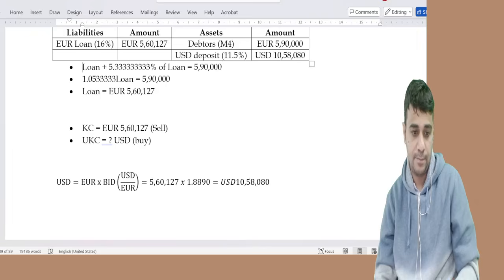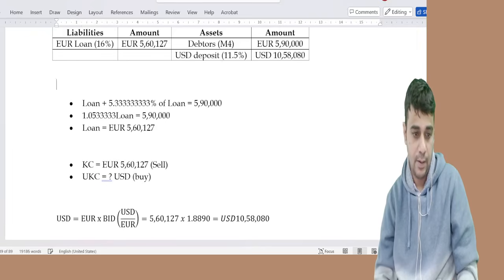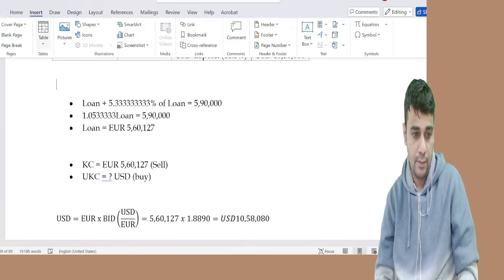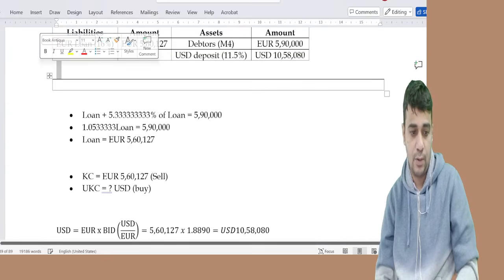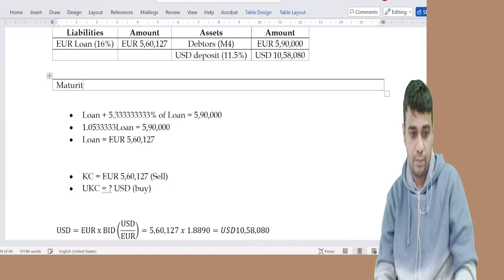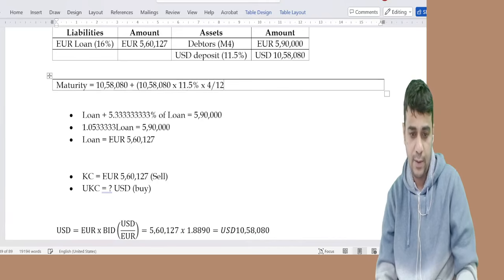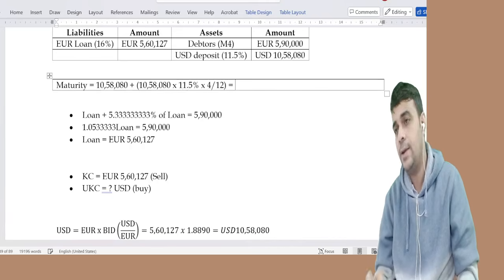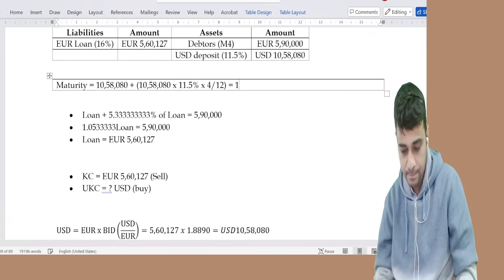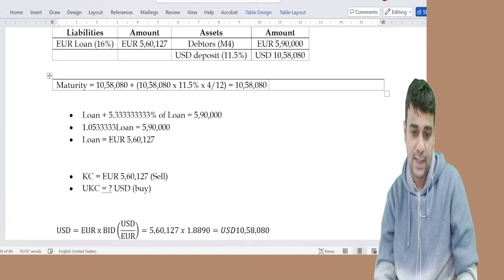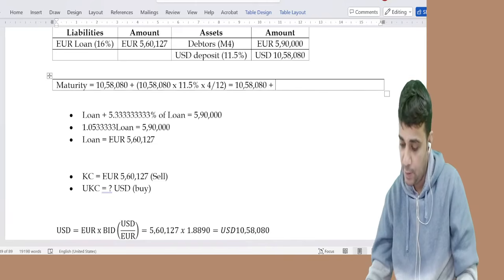Below this, maturity is equal to 1,058,080 plus 1,058,080 into 11.5% into 4 by 12. It is a 4 months calculation here.